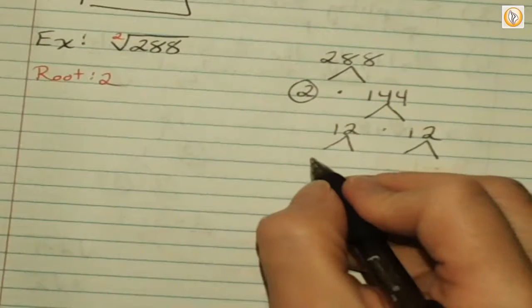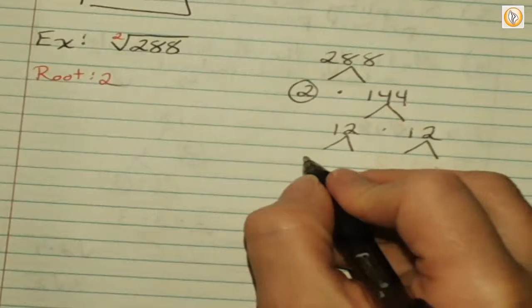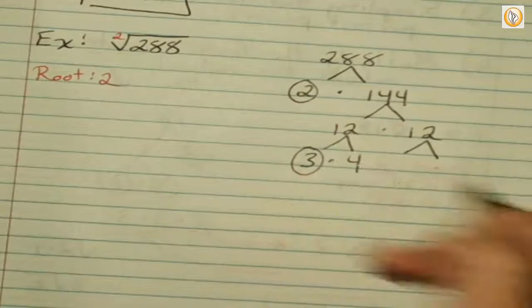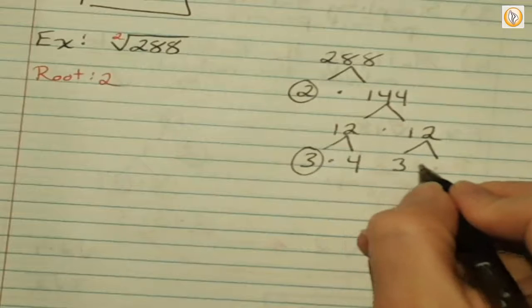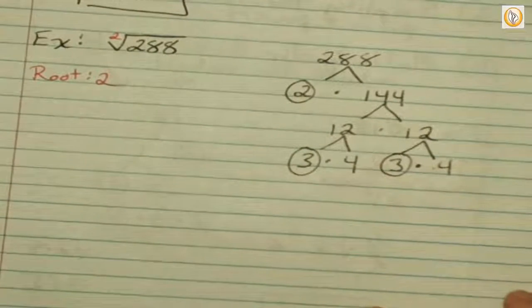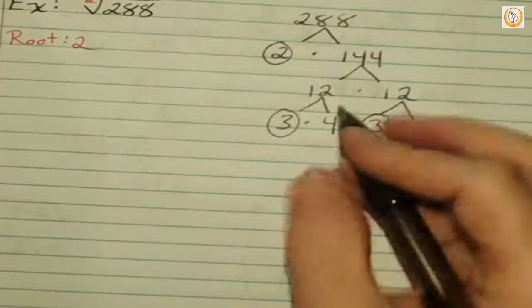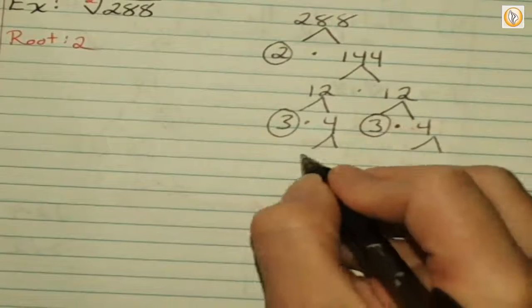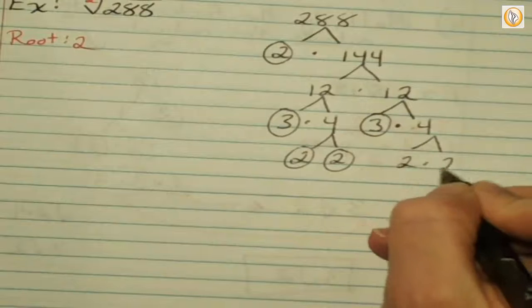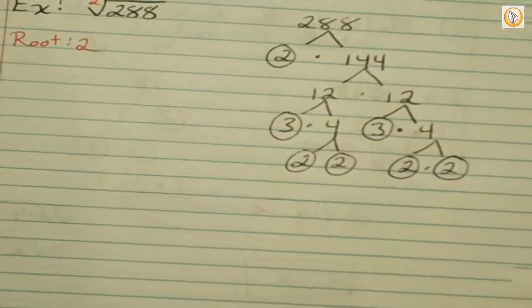And then for one of the 12s is 3 and 4. Okay, 3 times 4. And same for the other one. And y'all can choose any numbers as long as you get to the primes. Circle the 3s. And then simplify the 4s to 2 and 2. Yep. Very good.